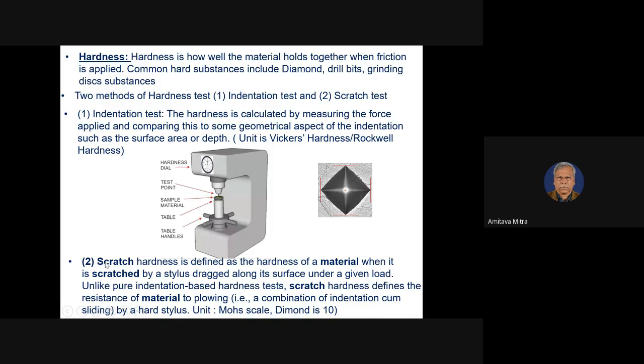So you can make a scratch on it, and scratch hardness defines the resistance of the material to drawing. When we are doing the scratch, the resistance we get is called the scratch hardness. It is also expressed in a unit called the Mohs scale. Diamond is 10 on that scale. It is a combination of indentation and sliding by a hard stylus. You pull the stylus on the surface, it makes the scratch, and from there we can measure the hardness.